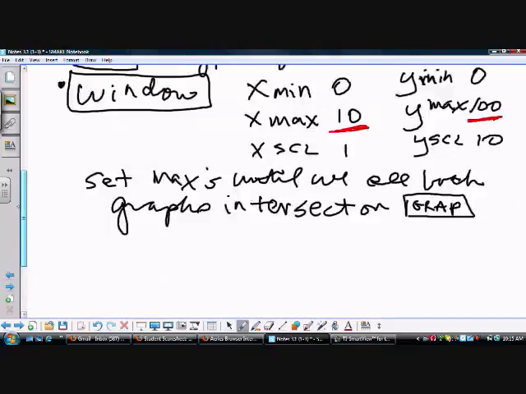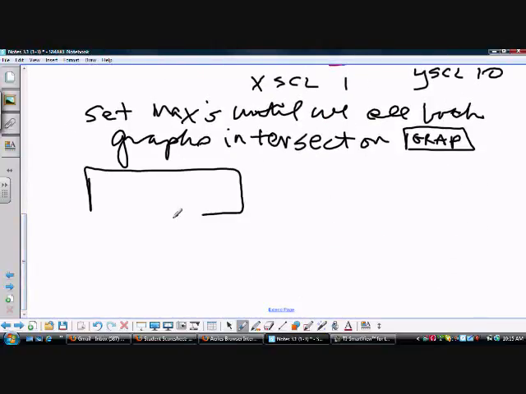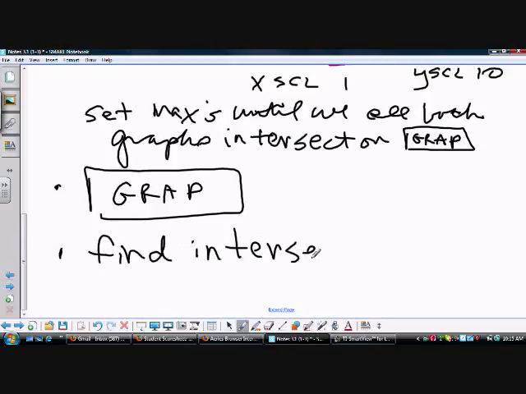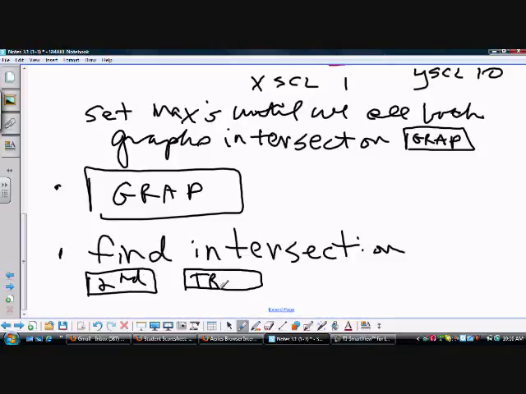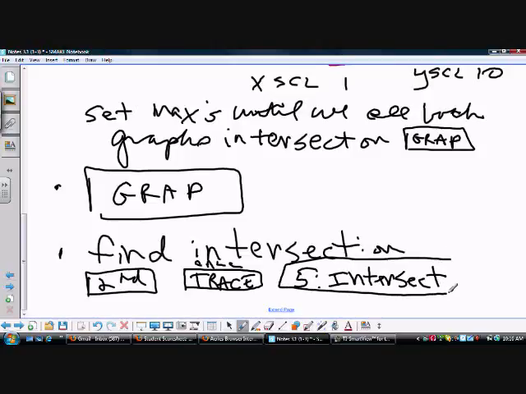Okay. Then once we got the window, we hit the graph button again. And then we went to find the intersection. And that's the last thing we do. So to find the intersection, we hit the second key, we hit the trace key, whose second is calc. We hit number 5, intersect, or intersection, or whatever it is.